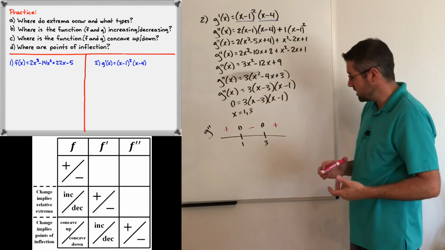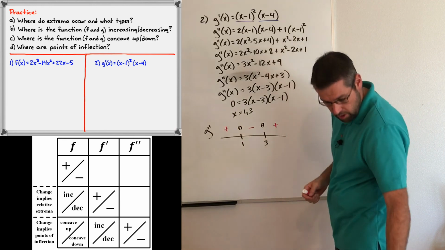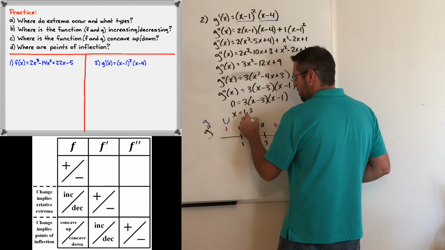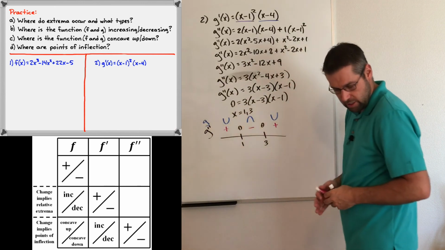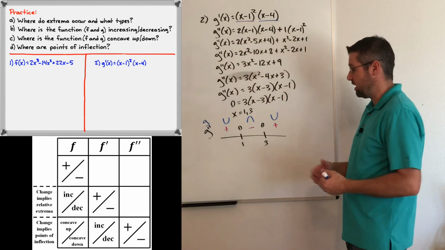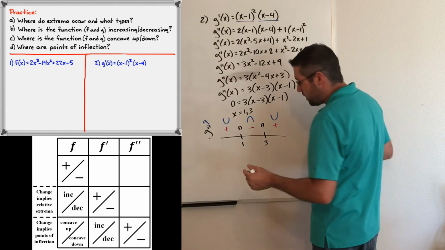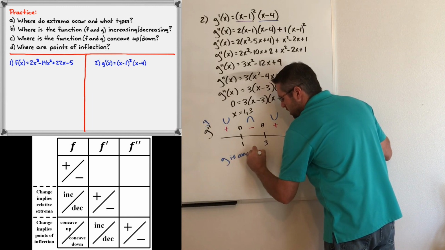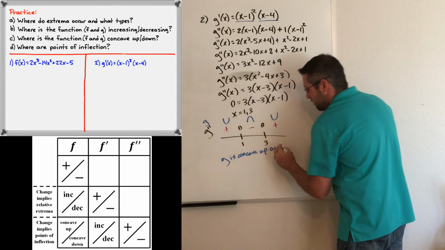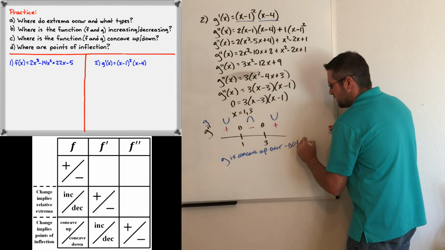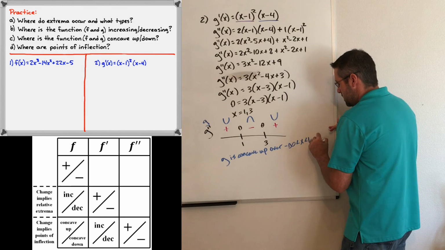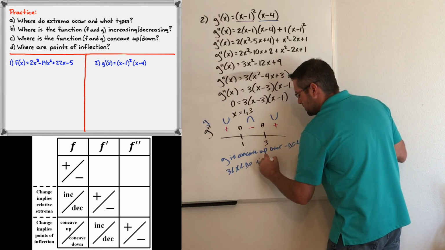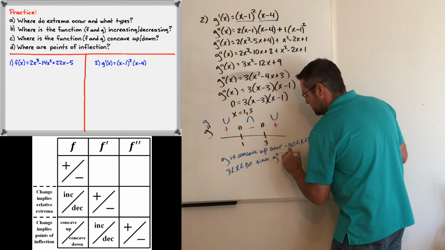So we can see pretty easily the signs of G double prime, which implies the concavity of G. So G is concave up, concave down, concave up. So again, it's all about writing out what you're saying, not just doing number lines. So we would say G is concave up over the interval negative infinity less than x less than 1, and 3 less than x less than infinity, since G double prime is positive.